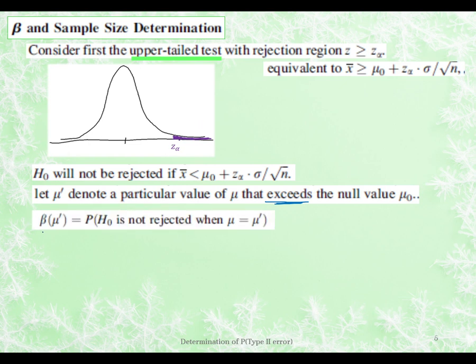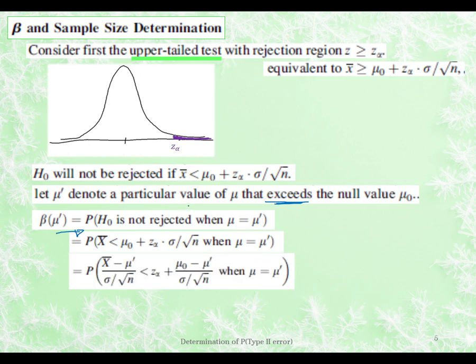Now we've said then that beta of that mu prime is just the probability of not rejecting the null when the mean is actually equal to mu prime. And then all we did was we got x bar alone on the left hand side, and we saw on the previous slide how we did that. So you can go fill in the few steps missing here yourself so that you understand the problem better.